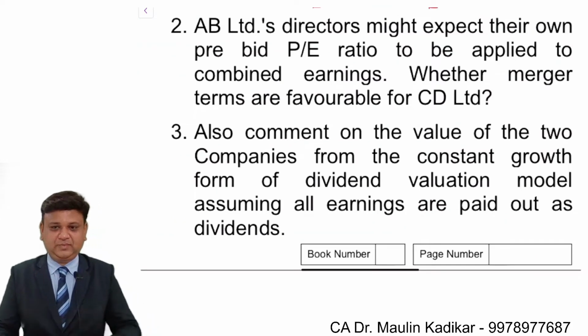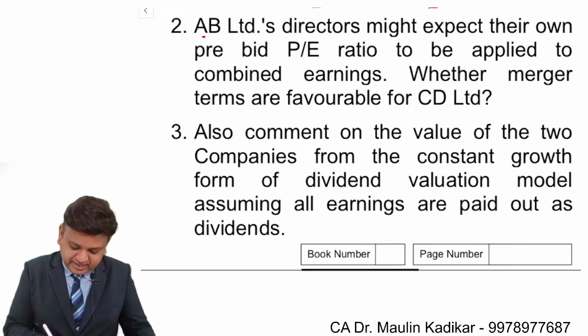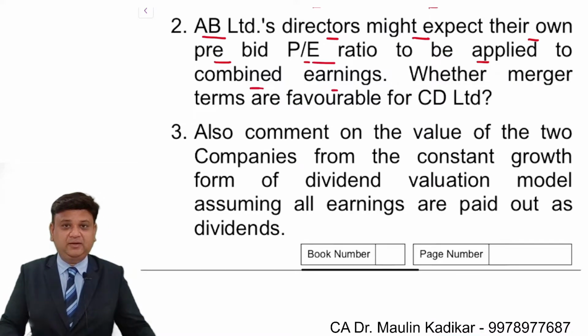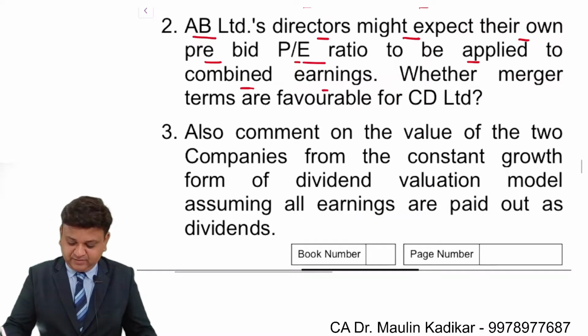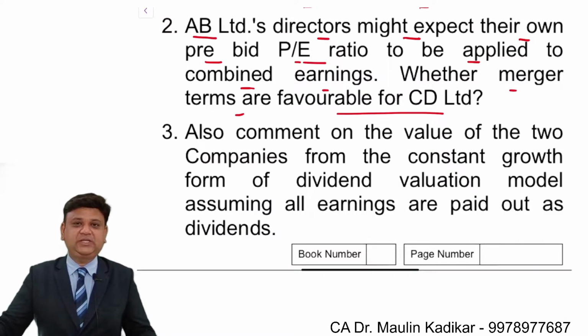Second part of the question. AB Limited's directors might expect their own pre-bid price earning ratio to be applied to combined earning. Whether merger terms are favorable for CD Limited, that is a question. Again, I request you to do the answer and put your answer in the chat box.